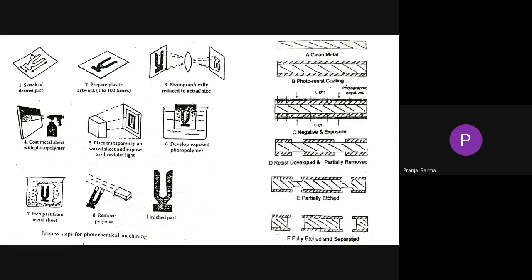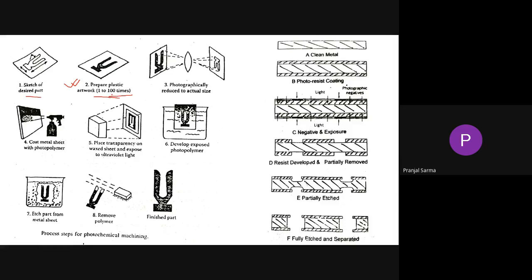So right now, in this particular figure, first we sketch the desired part. Whatever type of design you require, you design that way. From there, generally we prepare the artwork on plastic sheets, depending on the number of workpieces you want to machine.